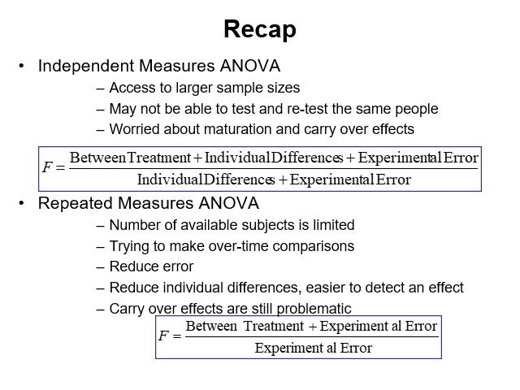We may actually be trying to reduce error because we're looking for a smaller effect by reducing those individual differences. And again, we have to recognize that now we have the potential for carryover effects. So again, just keep in your mind why we use these two techniques, why they're mathematically different, and how they can be used to answer different questions, but also could be used to answer the same questions depending on what you're wanting to focus on and what you're wanting to try to achieve.